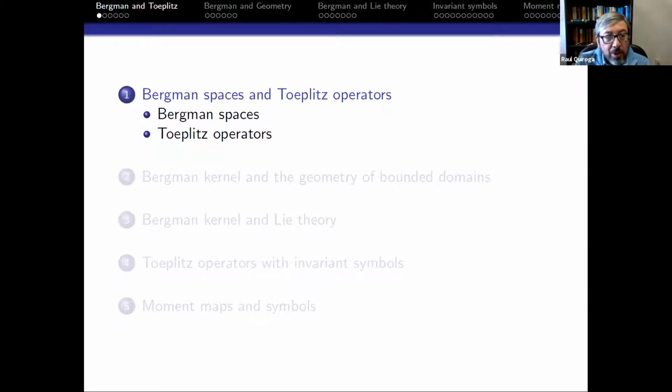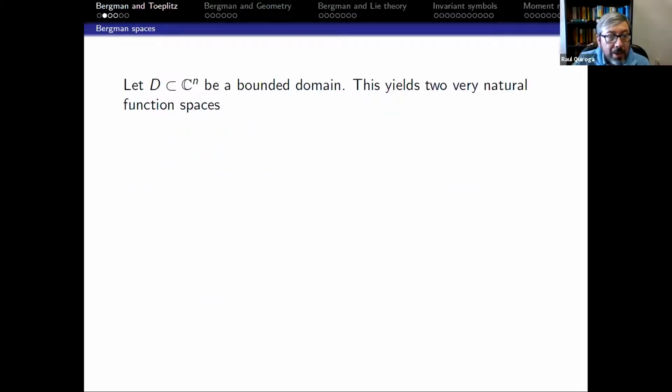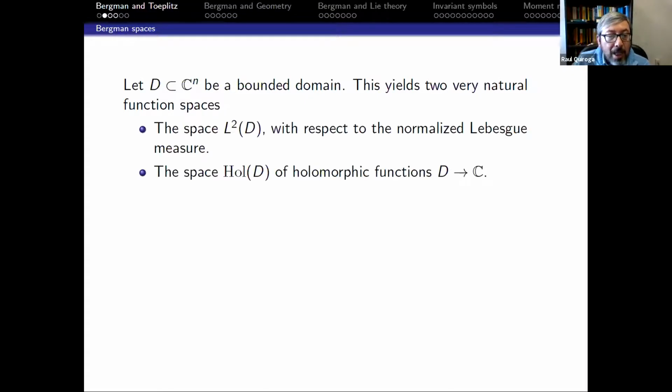First, some definitions, very basic, really. Some of these have been mentioned by Nikolai already, but I can point out some interesting features. So in the rest of the talk, D is going to denote some bounded domain. At some point, I'm going to assume some extra conditions on this bounded domain.